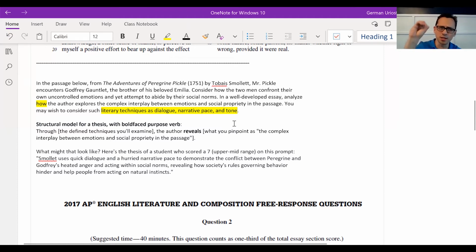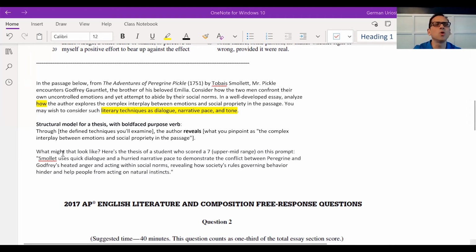You're connecting how these techniques underscore some kind of idea. In this case, this notion of the complex interplay between emotions and social propriety, right? So the structural model: through whatever defined techniques you'll examine, the author reveals, right, what you pinpoint as the complex interplay between emotions and social propriety in the passage.